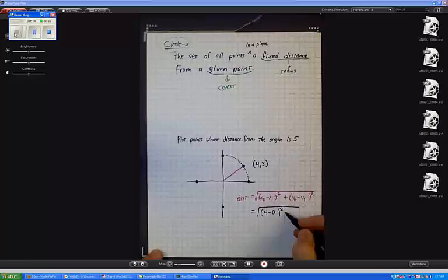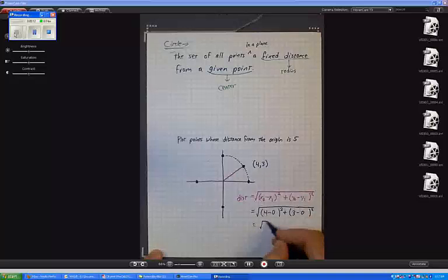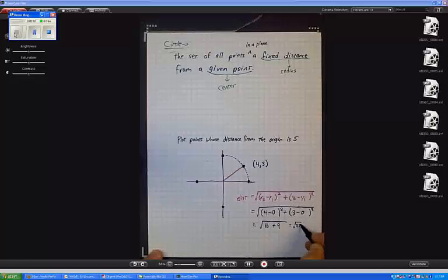And the difference of the y's would be 3 minus 0 squared. And so I get the square root of 16 plus 9. Look at that. Square root of 25 is 5. Do you believe me now?